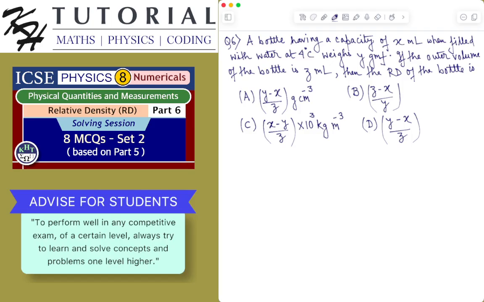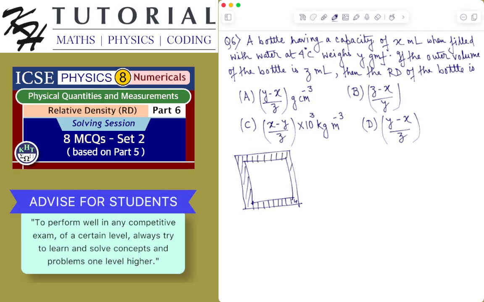Now certainly the bottle has some thickness. Let's say this be the bottle. The bottle has some thickness. So this shaded part is actually the thickness of the bottle.